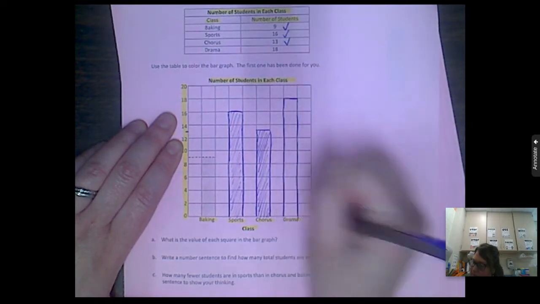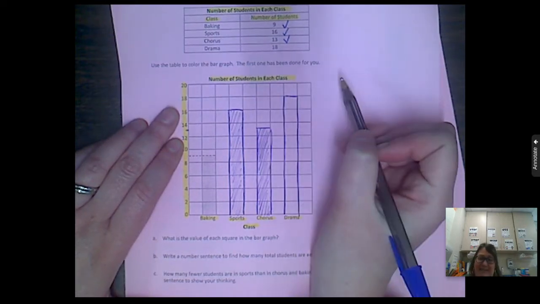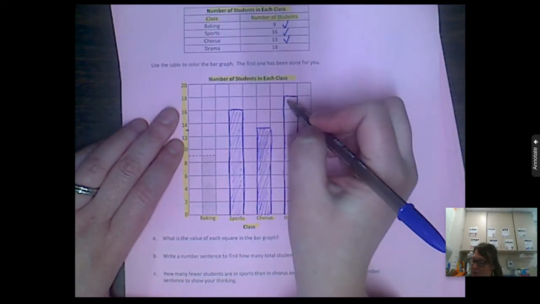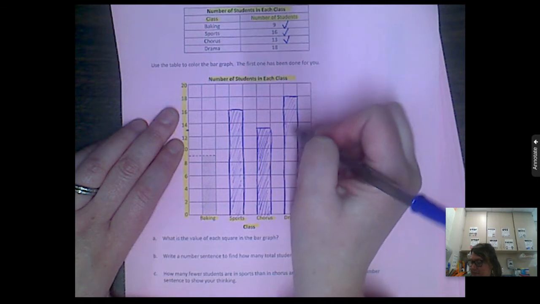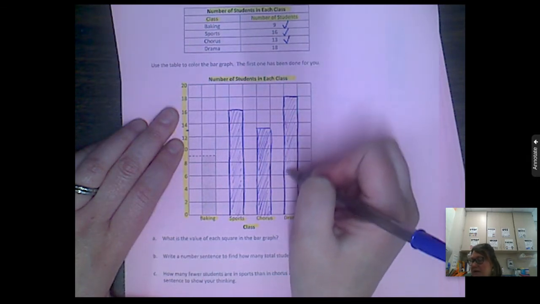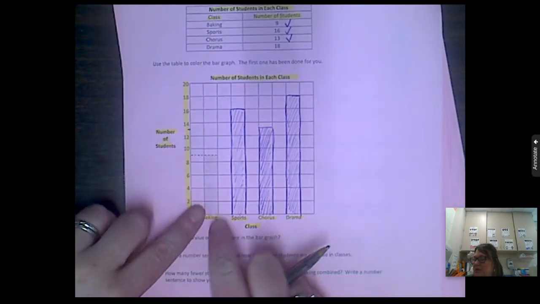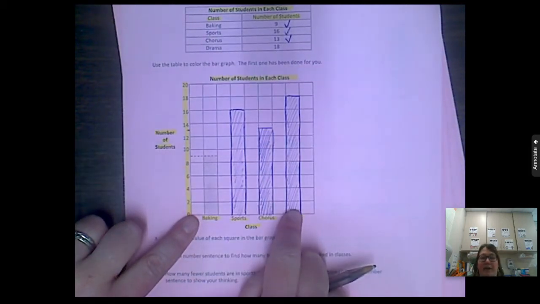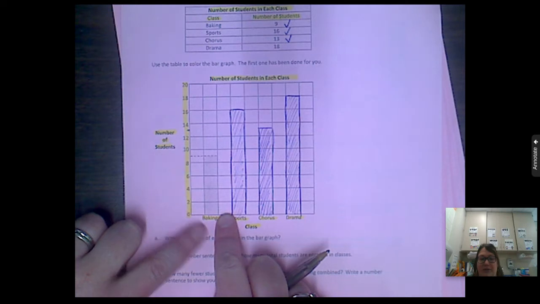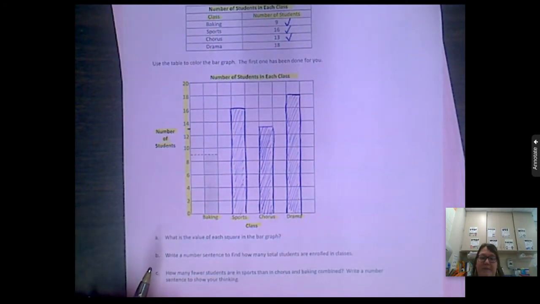So drama was a lot, we had the 18 already there, right? So we didn't need to go between any two. Make sure that it's one box wide, just as all our other bars. So all our bars should be the same width, and all of your bars, check right now, make sure you have one space between all of your bars.